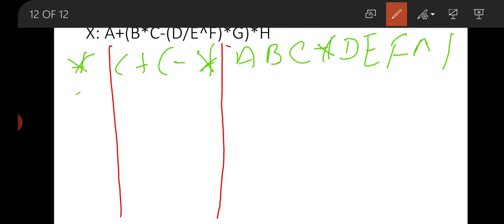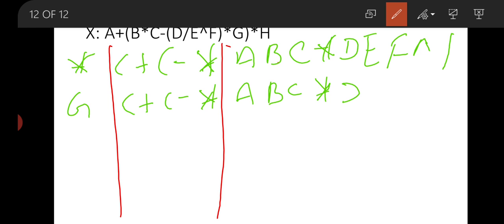The next symbol is g and again our stack will be the same, and the operand will be added to the expression according to the third step of the algorithm: d e f exponent divide and g.